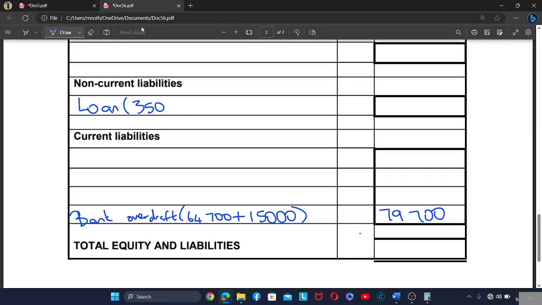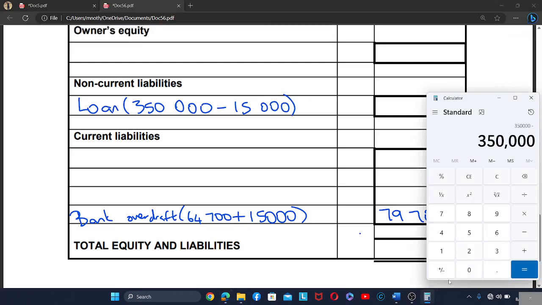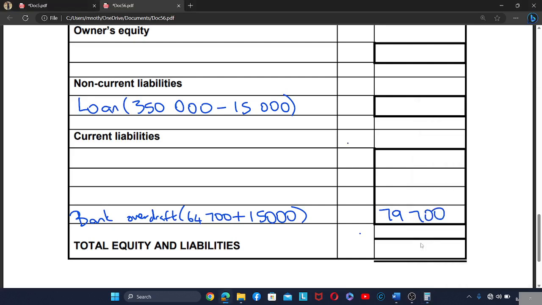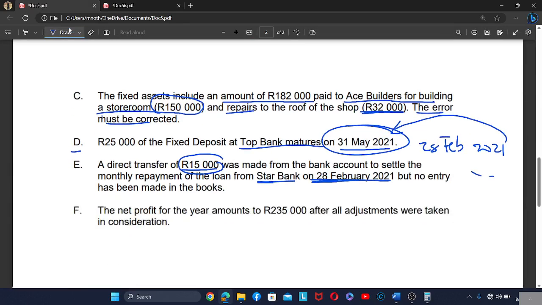The business made a payment of 15,000. The loan was supposed to decrease, but this was not recorded. So 350,000 minus 15,000, it is 335,000, right?